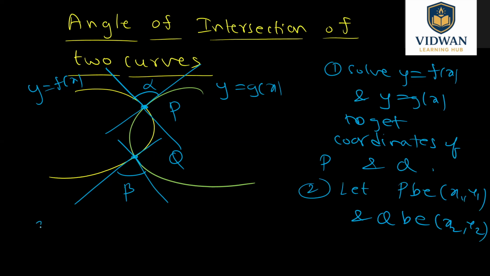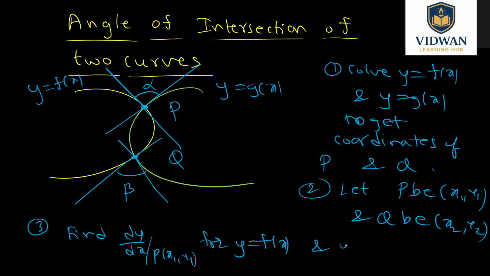So you need to find dy by dx at P (x1, y1) for y equal to f of x and y equal to g of x. So you can say m1 is equal to dy by dx at the point P for y equal to f of x.